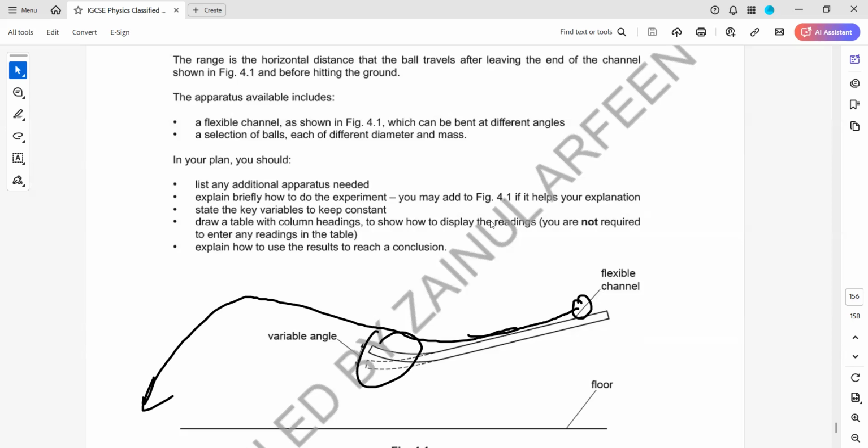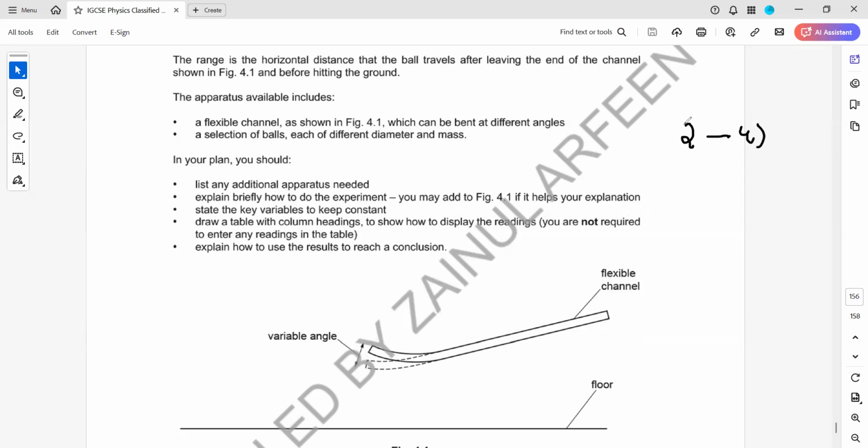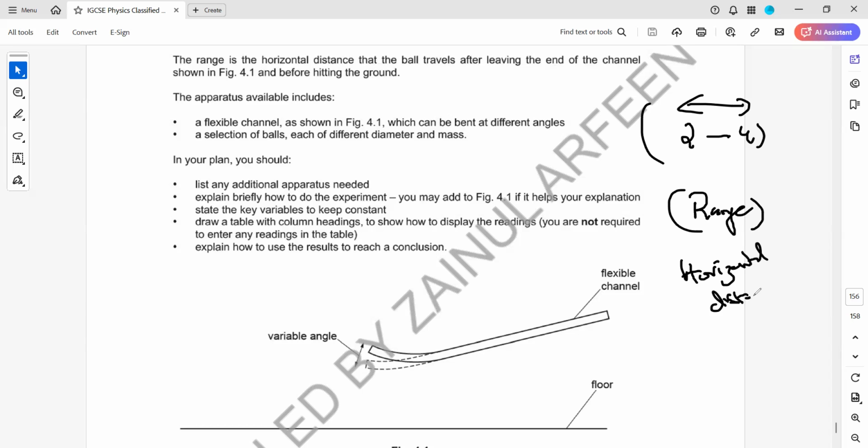This is different from the range of an answer. When I say the range of an answer, I'll say that this answer ranges from 4 to 6, which is a range of values. But the term range is also used specifically for the horizontal distance.